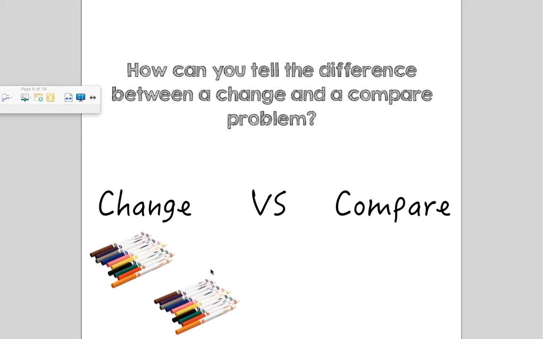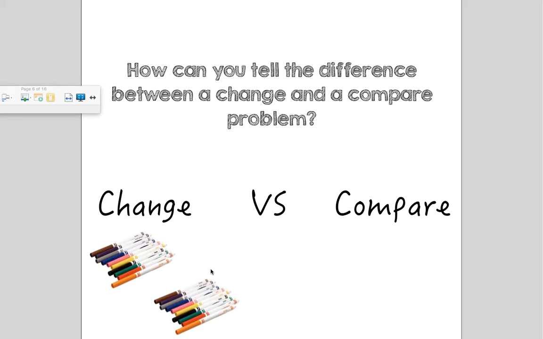So this problem again talks about I have some in my pile. I have 10 pencils in my pile. And then I added some from my mom, but I don't know how many I added. And then now that I'm done adding those markers to my pile from my mom, now I have 20. So the way that works is it's still just about me.